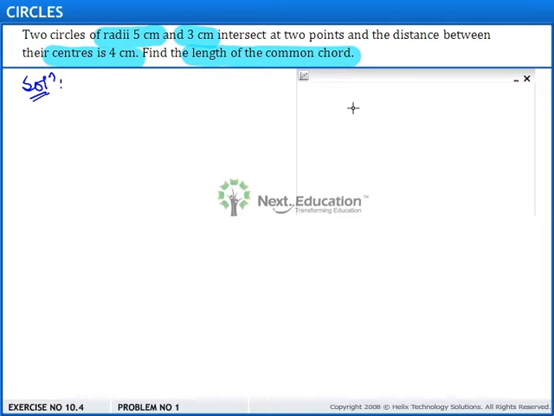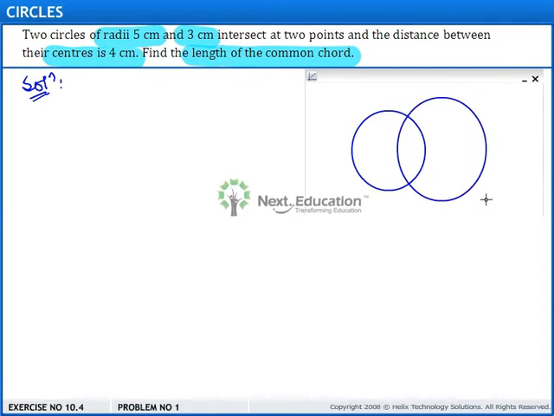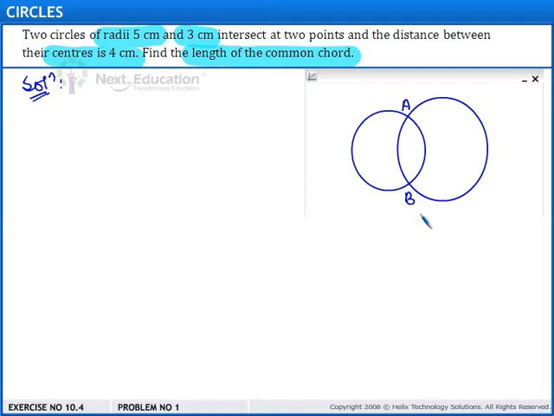Let the two circles of radius 3 cm and 5 cm intersect at the points A and B. We have to find the length of AB.